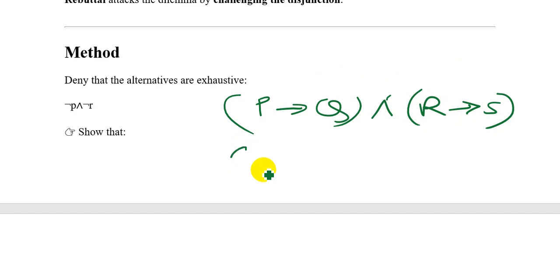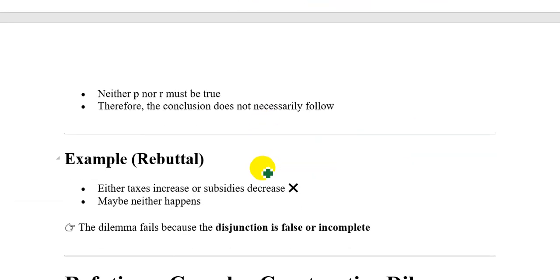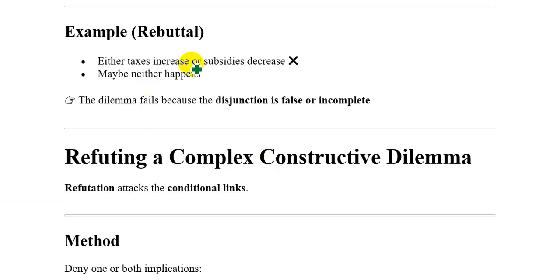So the rebuttal would be: if not R then not S, and if not Q then not P. This would be a rebuttal, and then you can word it in a sentence. Either taxes increase or subsidies decrease. Maybe neither happens. The dilemma fails because the disjunction is false or incomplete.